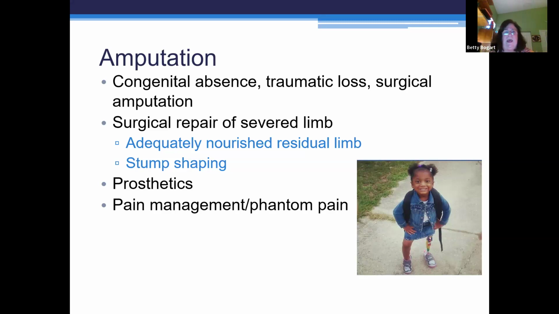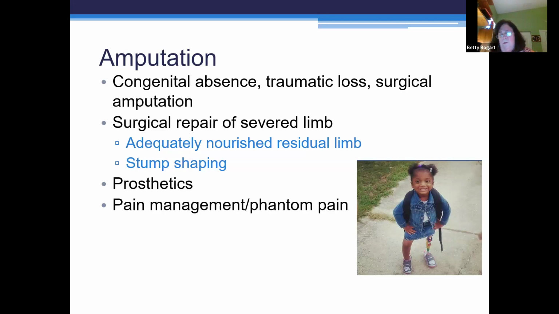That's one thing that can happen. Remember, sometimes it could be due to an infection, an osteomyelitis, or some sort of accident that's created crush injuries, so that they had to remove a leg, an arm, or whatever. The one thing that we need to remember is that the phantom pain and all those things that we know with adults, kids go through too.